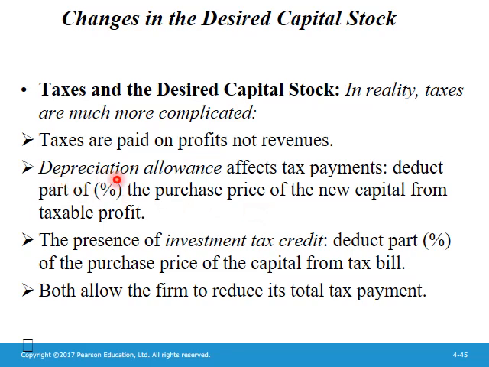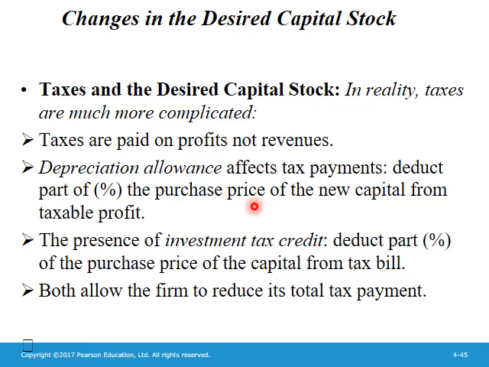Okay. For example we have the depreciation allowance. We have the two examples: depreciation allowance أو investment tax credit. الاثنين both are ways in order to reduce the firm's total tax payment. بنحسب من خلالهم المخصص الضريبي، ازاي بحسب الجزء اللي بيتحسب عليه الضريبة. اوكي. الاثنين مبنيين على فكرة that we deduct a part or a percentage من purchase price of this capital good.